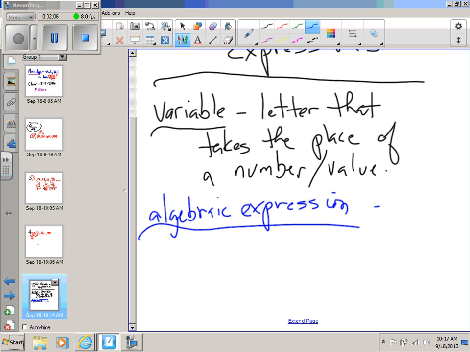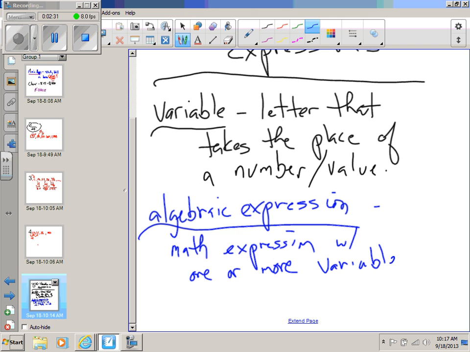It's a math expression with one or more variables.